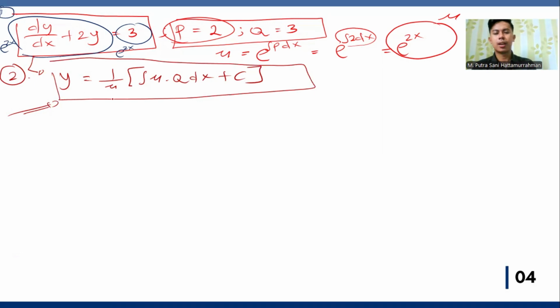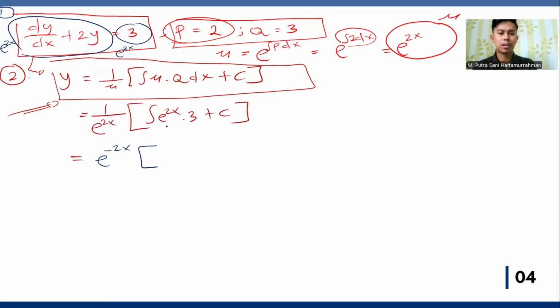I think this formula is simpler. If we want to use this formula, we just substitute the integration factor and q. So we have 1 per e to the power 2x multiplied by the integral of e to the power 2x times 3, because q is 3, plus c. Then 1 per e to the power 2x can be e to the power minus 2x.